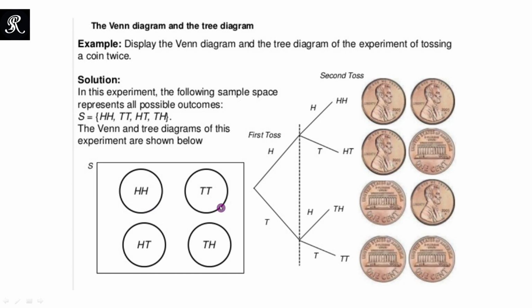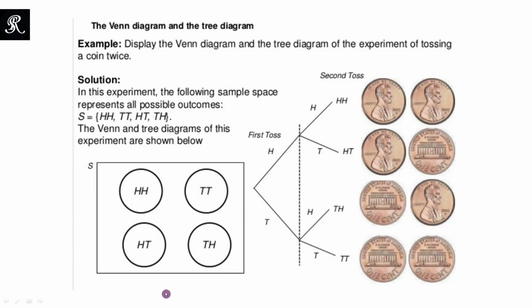This event represents that on both coins there appears a T, and this event represents that on the first coin there appears H and on the second one T, and this event represents that on the first coin there appears T and on the other H. And when we represent all these possible outcomes, or you can say all these events, in a rectangle, this is called the Venn diagram for the experiment of tossing a coin twice.